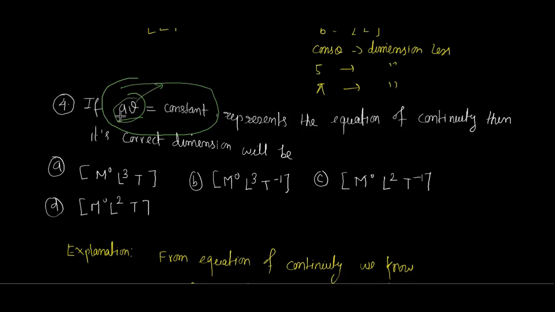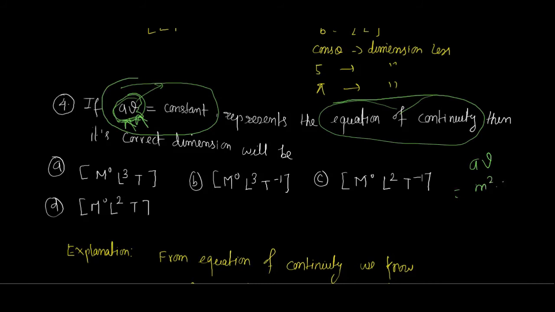In the equation of continuity, these two quantities represent area and velocity. If you multiply area with velocity, you get meter square times meter per second, so meter cube per second, which means volume per second. So we can easily find its dimension: M0 L cube T minus 1.